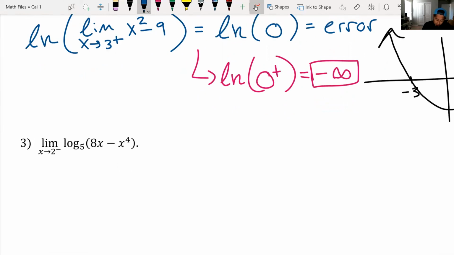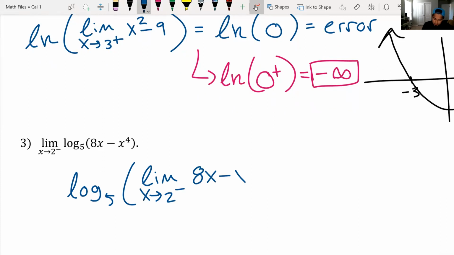I'll rewrite it as log base 5 of the limit as x approaches 2 from the left of 8x minus x to the 4th. If I plug 2 in here, we are going to get, guess what? 16 minus 16. You're going to get the log base 5 of 0.